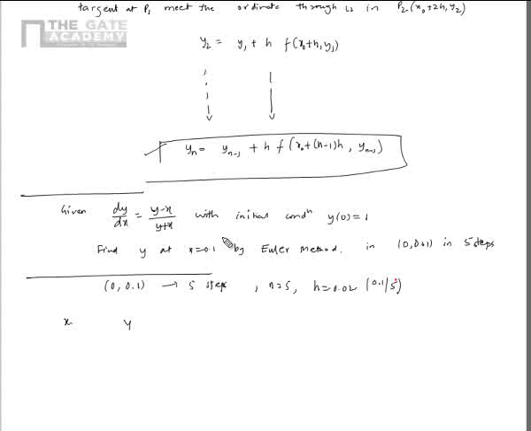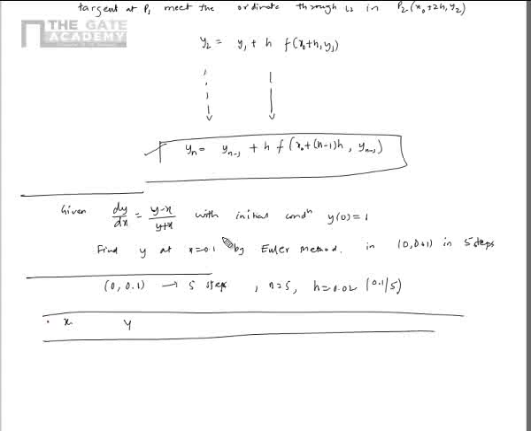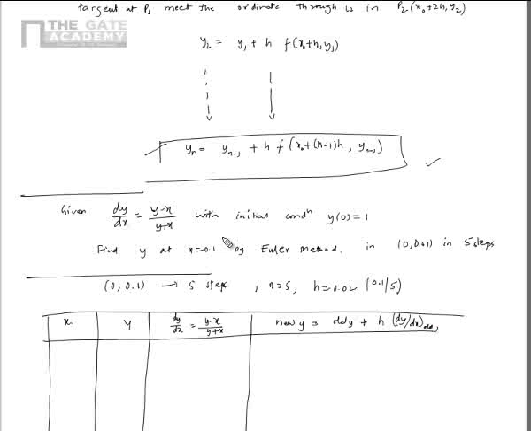Now I'll draw a table with x, y, and dy by dx equal to (y minus x) by (y plus x). Now we have to write this equation: new y is equal to old y plus h into dy by dx, and dy by dx you have to calculate at the old or former point, remember.